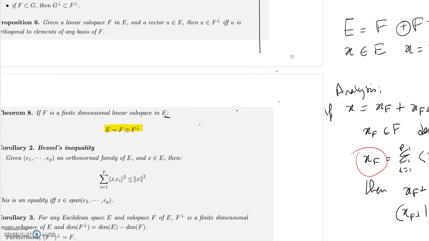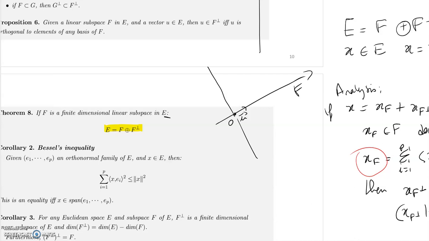Okay, take in R2, all right? Take any direction, okay? If I want to take a strict subset of R2, it's just going to be the spanning space of, well, you need the 0 of R2 to belong to that direction, and it's going to be spanned by some vector u, okay? So, of course, the orthogonal complement, if you use the usual scalar product, it's just going to be what you expect, okay?